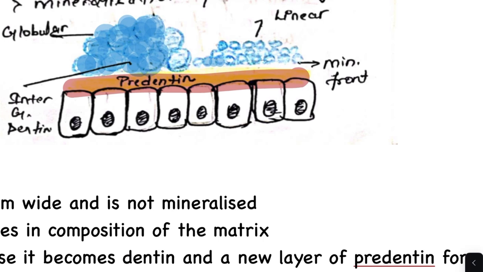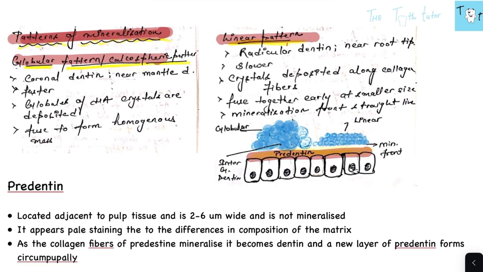They are close together and in a straight line, so it appears more uniform. They also grow and fuse together, but the linear pattern just appears more uniform, and there are fewer chances of errors in the linear pattern.